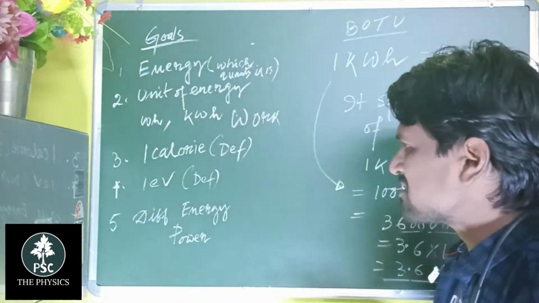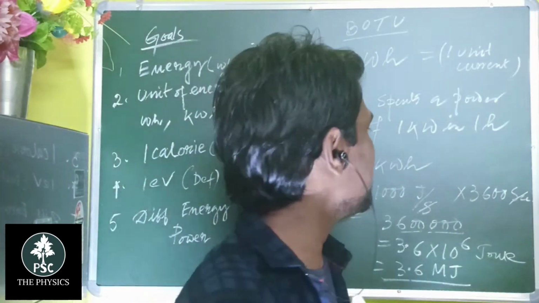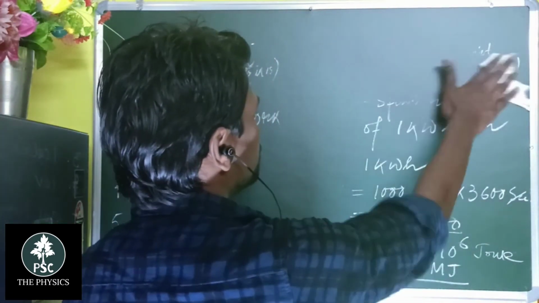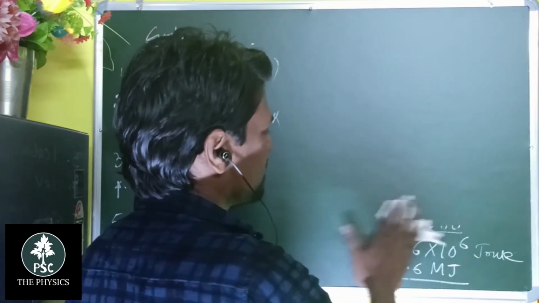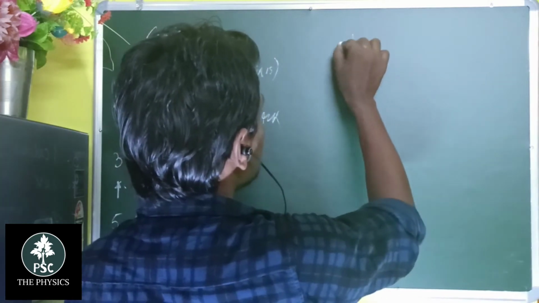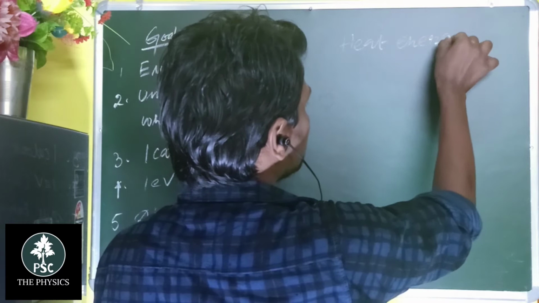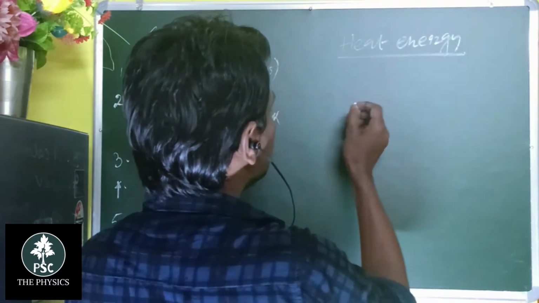In SI or CGS, the calorie is a measurement of heat energy. Heat is also energy. So the next concept is heat energy, and the unit of it is calorie.